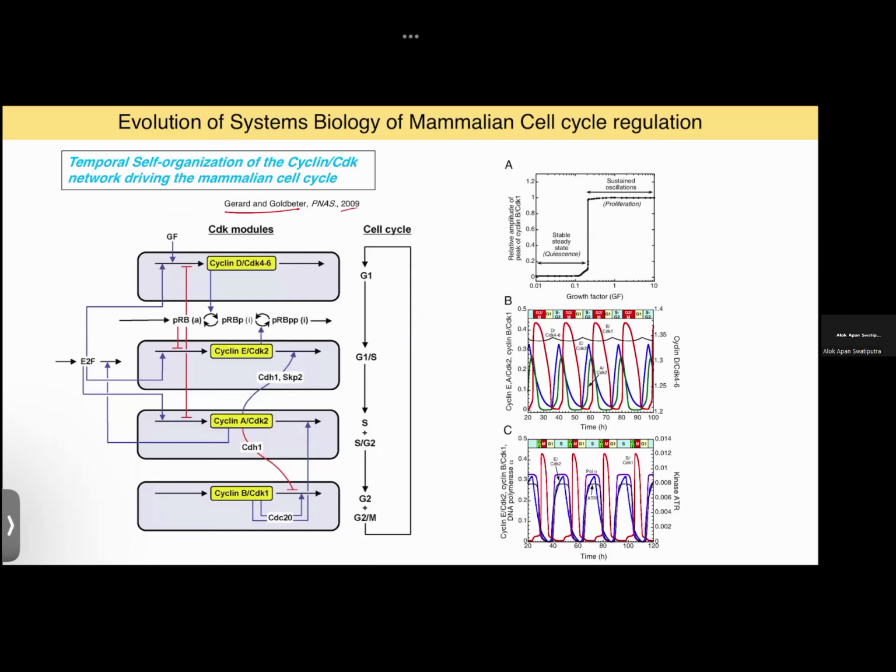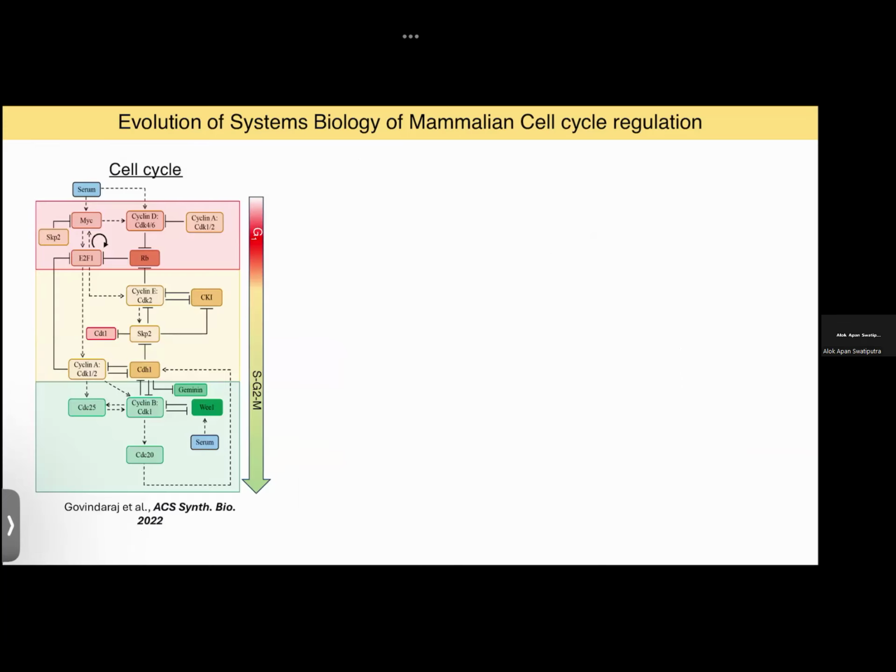You have better improved models which can give better ideas or reproduce your experimental phenomena better. So this is one such very famous model, the cell cycle, right? Cool. Now, this is the current state of the art, and I'll give you this picture in one slide.